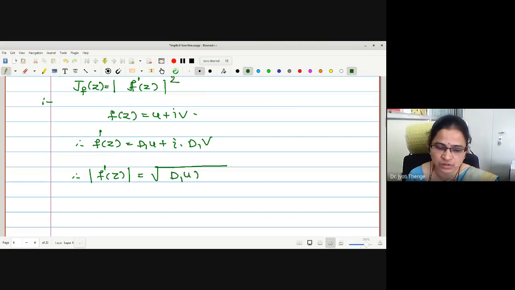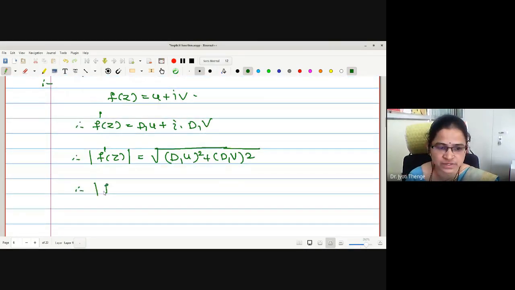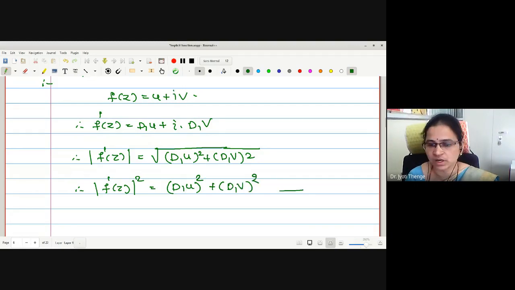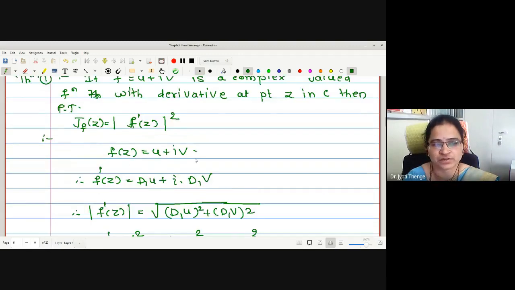It is the square root of d1u squared plus d1v squared. So mod f dash of z squared, taking square on both sides, is d1u squared plus d1v squared. Let me call it statement number 1.